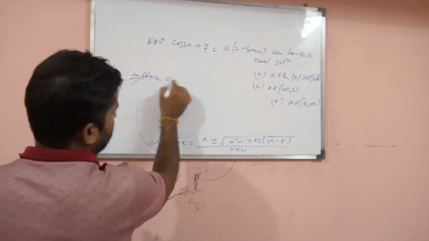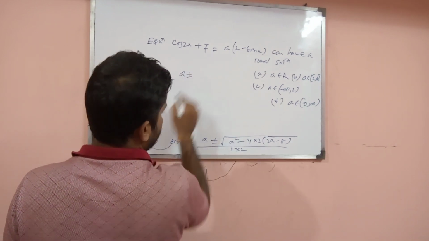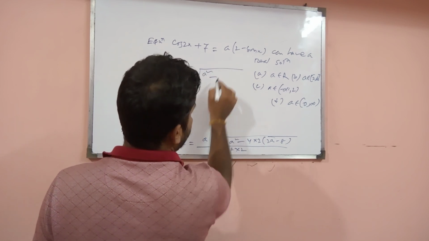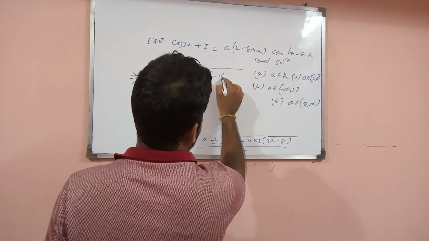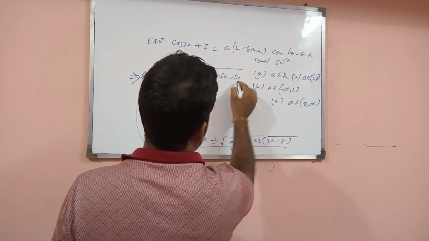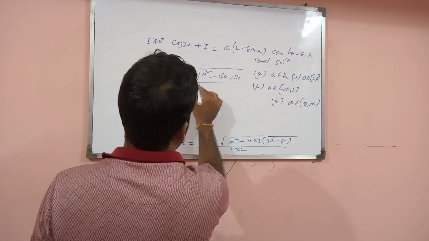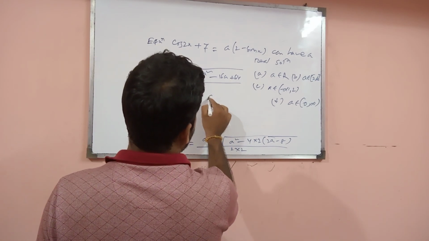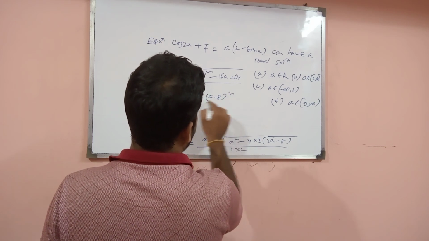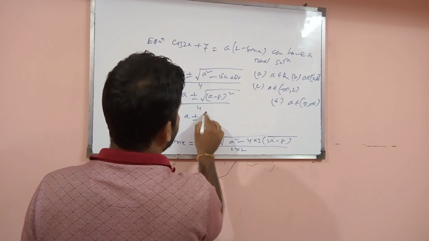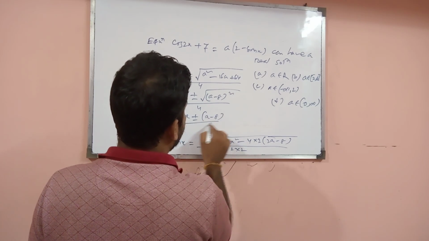Sin x is equal to a plus minus square root of a square minus 16a plus 64, divided by 4. So a plus minus, it is a minus 8 whole square, by 4. Okay, so a plus minus a minus 8 by 4.